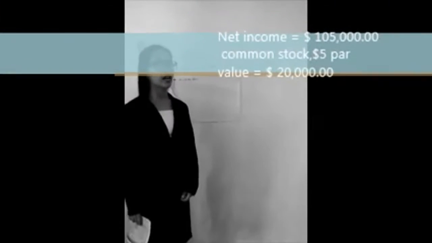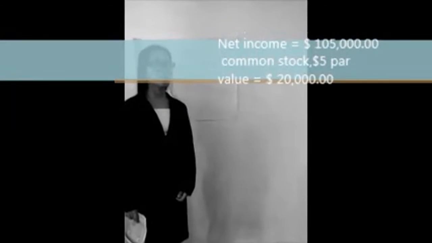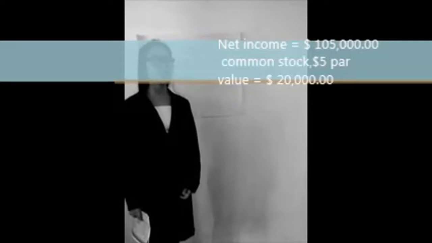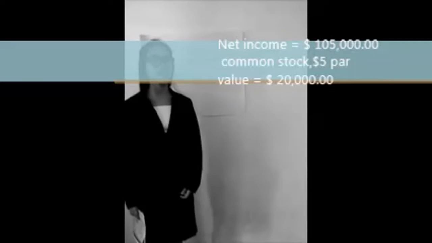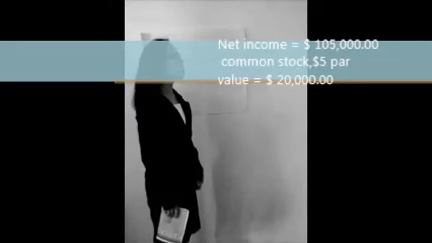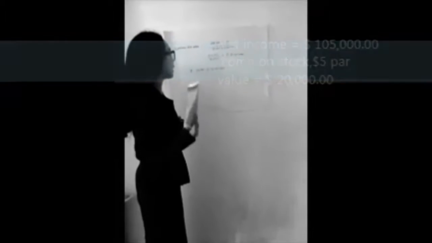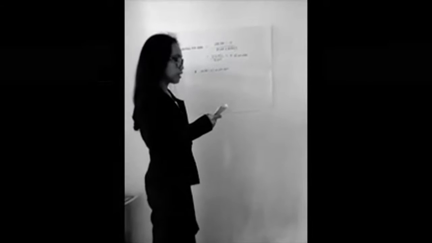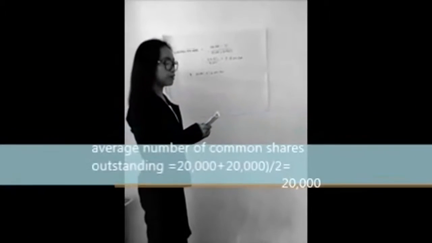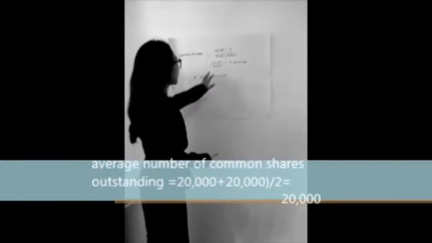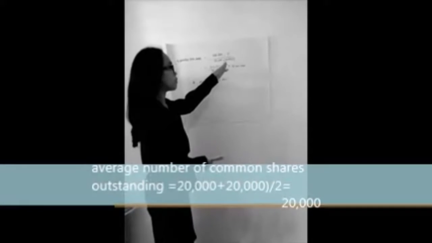Net income for the year, $105,000. $5 par value common stock outstanding as of June 30 is 20,000. Weighted average number of shares outstanding, 20,000 plus 20,000 divided by 2, equals 20,000.